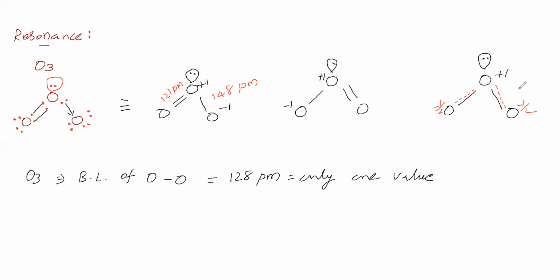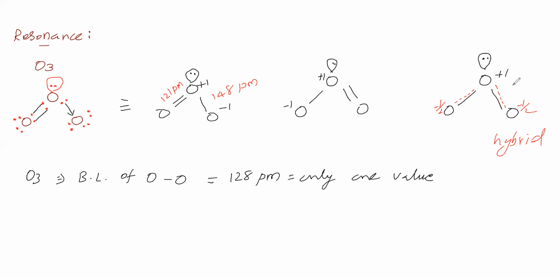That means this right side bond is in between these two right side bonds. It is obtained from these two. Therefore we can call this a hybrid structure.